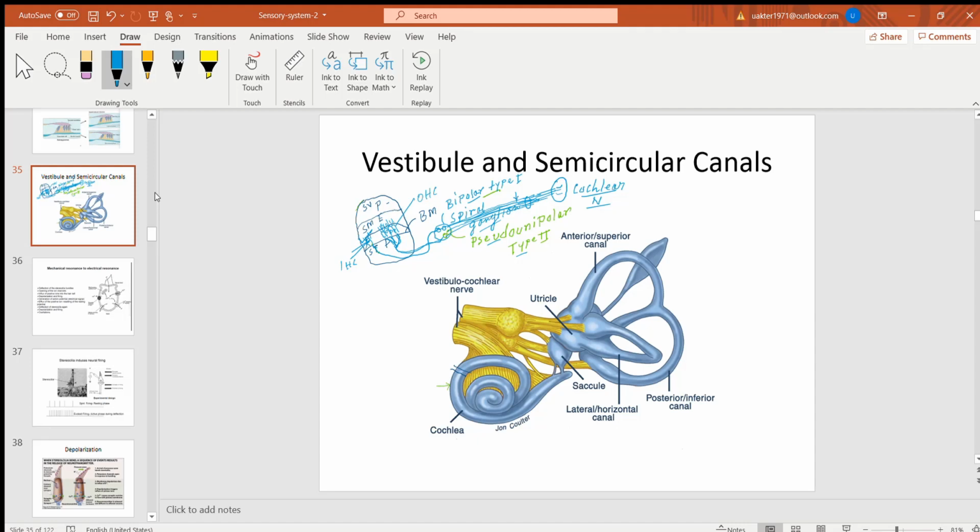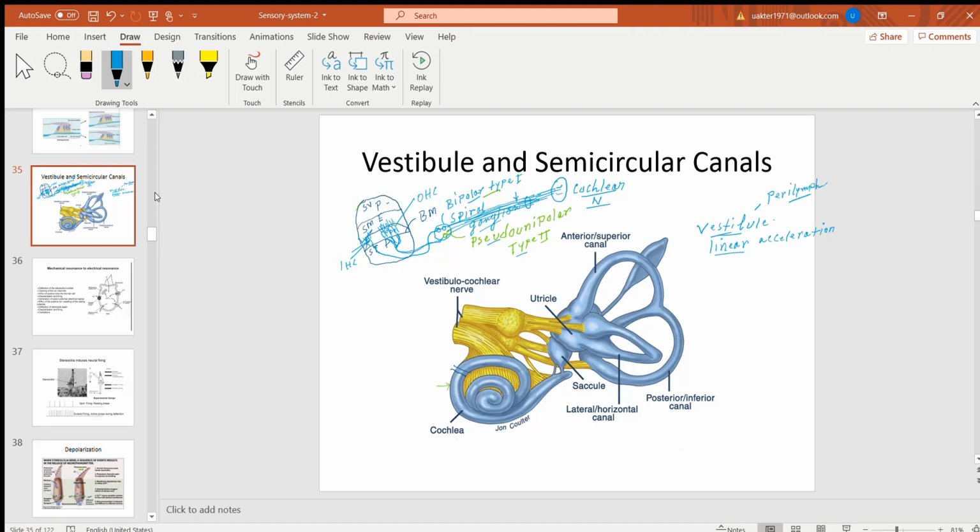Now there are two other very important structures in the inner ear. One is the vestibule, which is responsible for linear acceleration. So the vestibule picks up the signal of linear acceleration of the body or head, and the vestibule is also a bony hard structure filled with perilymph.